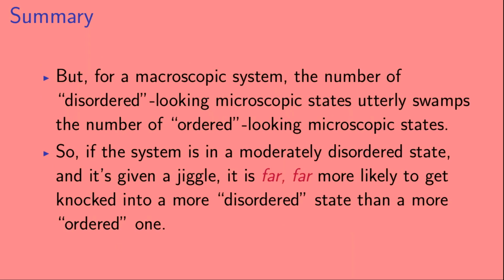But for a macroscopic system, the number of disordered-looking microscopic states utterly swamps the number of ordered-looking microscopic states. So if the system is in a moderately disordered state, and it's given a jiggle, it is far, far more likely to get knocked into a more disordered state than a more ordered state.